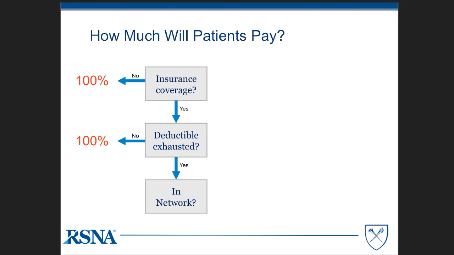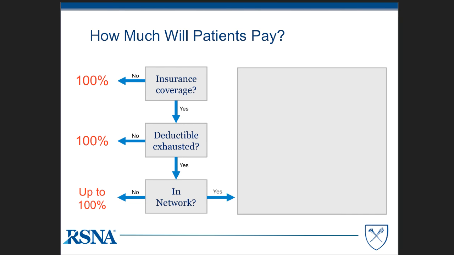Did you receive that service in network, meaning with a preferred provider? Because if you didn't, you may be on the hook for the entirety or up to the entirety of the payment. Now, if you did, we get into a whole bunch of different considerations. What type of service? Because sometimes the payment by the insurance company, and therefore the patient's copay, varies a bit. So for office services, there's frequently a copay.